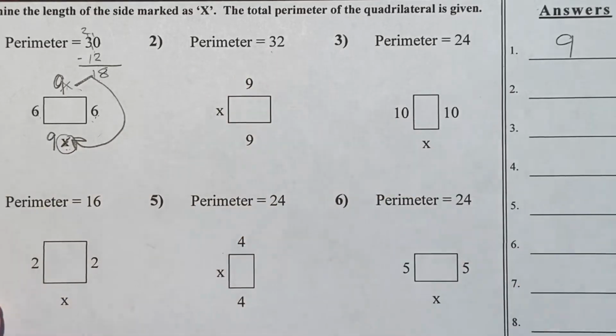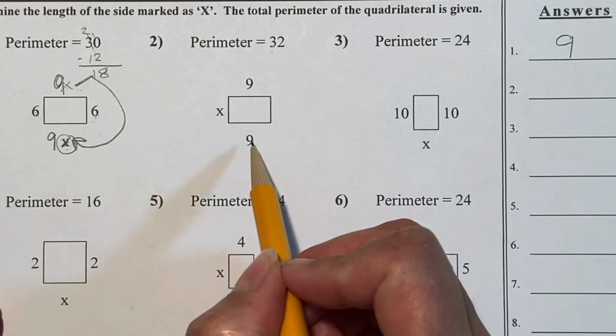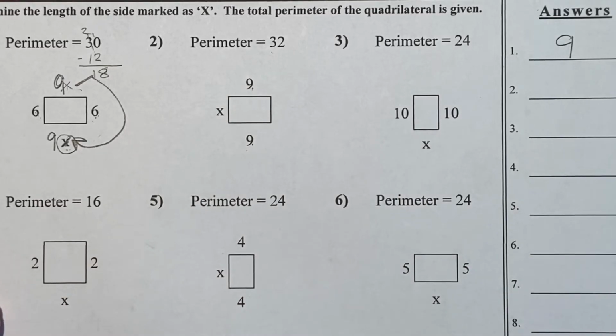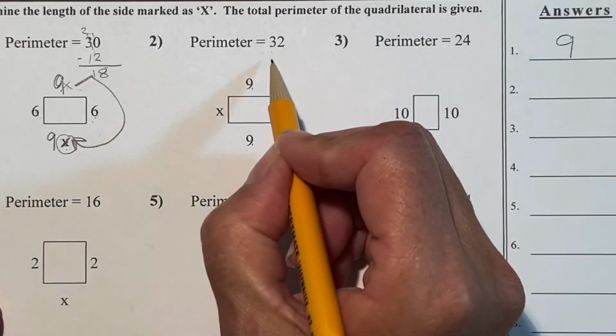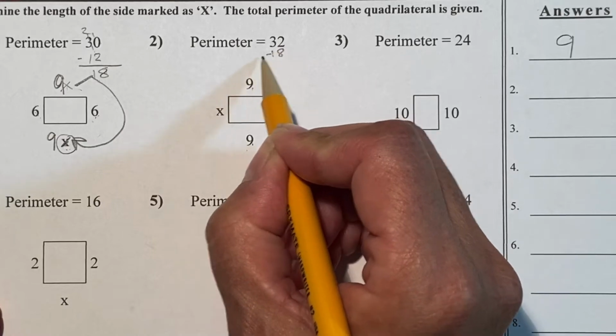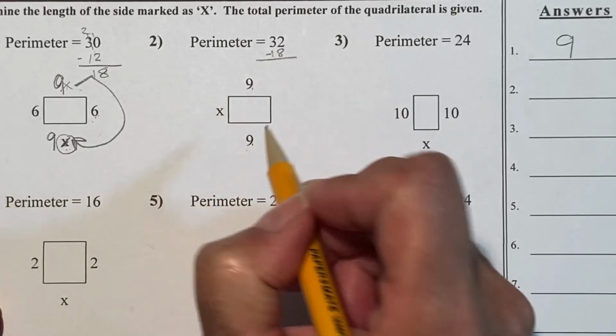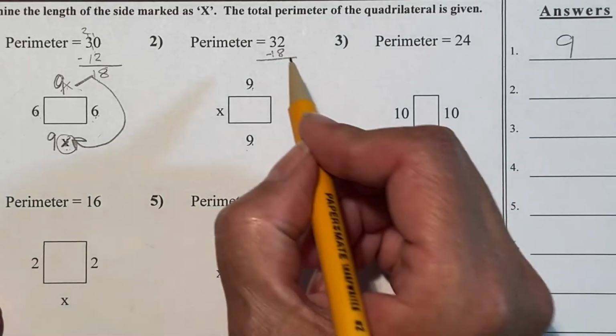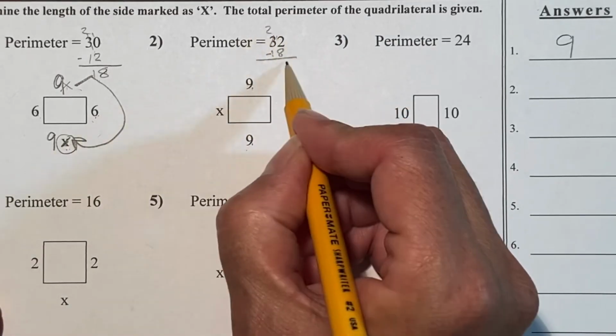First, my perimeter is 32. What do I already have showing on my rectangle? I have 2 9s. That equals 18. My rectangle is already telling me that there's 18 right here. I'm going to do 32, take away 18, again with the bigger bottom borrow.